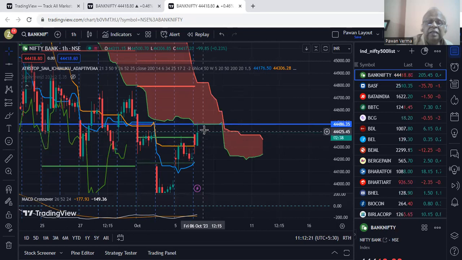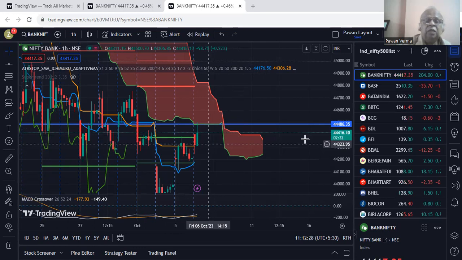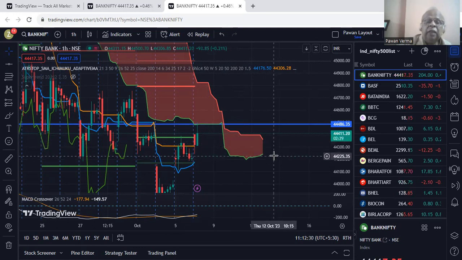Thereafter, we can see the retracement, because the gapping between the Span A and Span B is quite high.